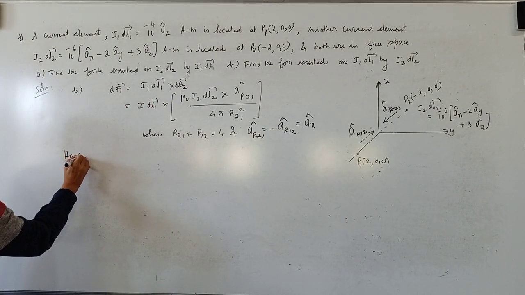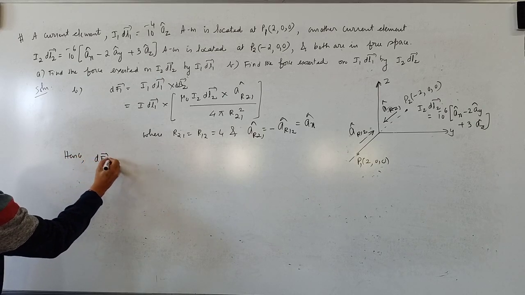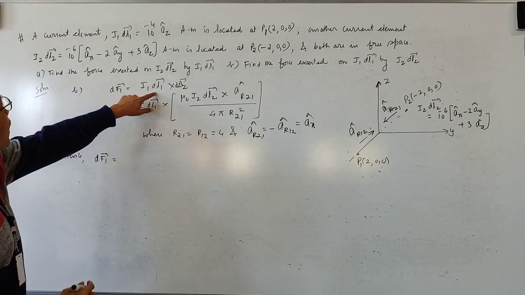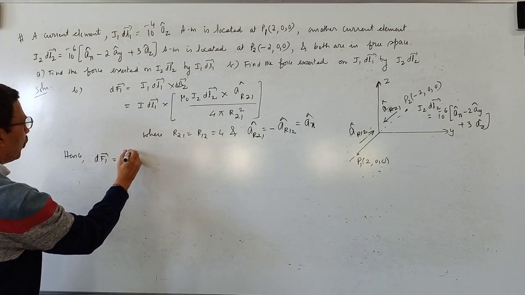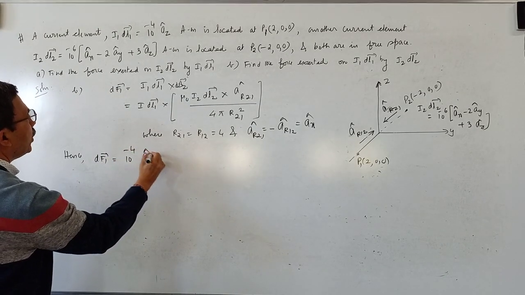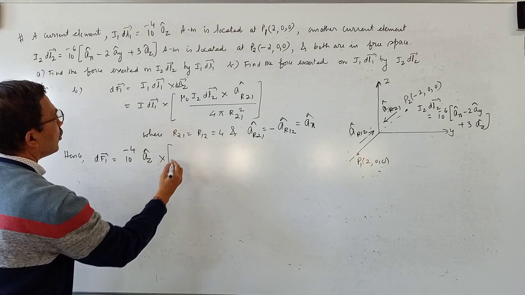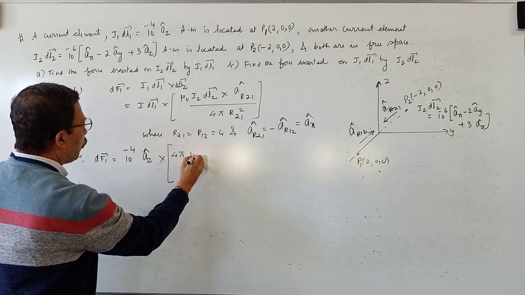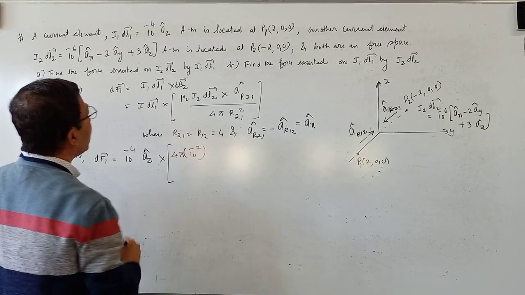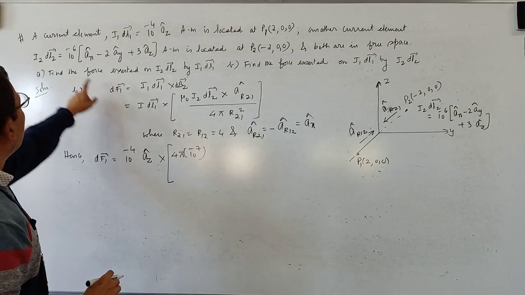Hence vector df1 is equal to, what is I1 into vector dl1? It is 10 to the power minus 4 into AZ cap cross mu naught, which is 4 pi into 10 to the power minus 7. What is I2 vector dl2?